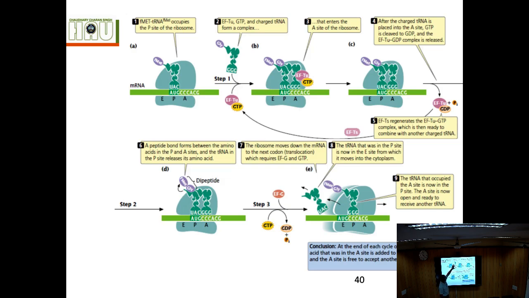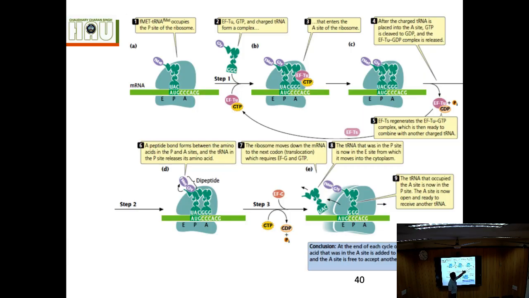They make a complex and enter the A site, and after the charged tRNA is placed into the A site, the GTP is cleaved and elongation factor Tu is dissociated from the complex. Then another elongation factor, Ts, helps in regenerating the GDP into GTP, which is again available for the next charged tRNA.